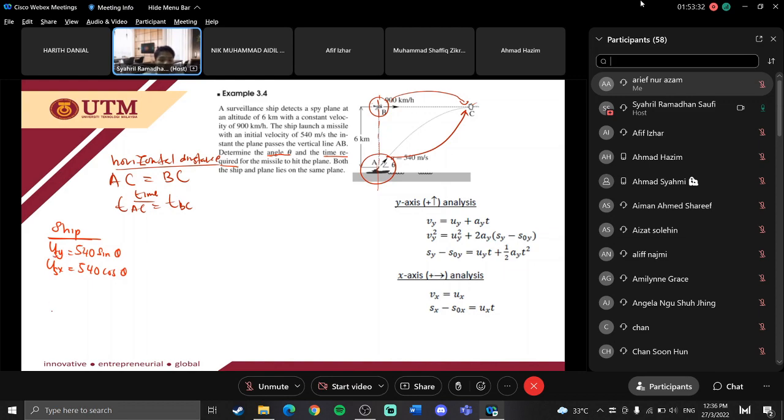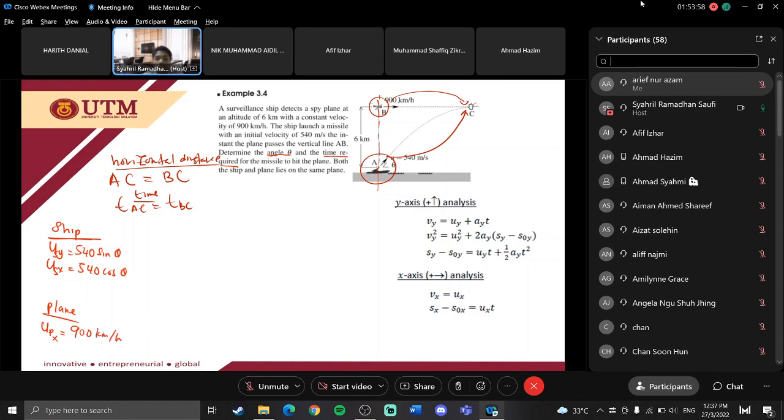And then for the plane, I have u_py and u_px. For the plane, we only have u_px, which is 900 kilometers per hour.